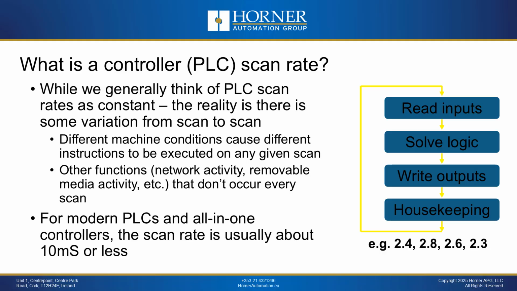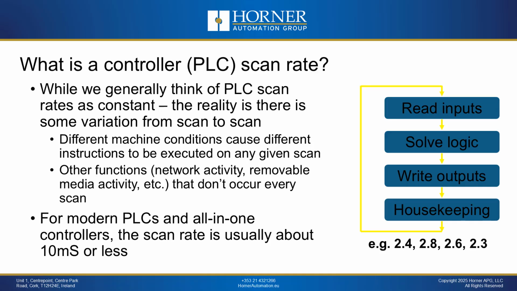Generally, we think of PLC scan rates or controller scan rates as being constant. In other words, it always takes the same amount of time to go through the program. But that is not entirely true, and there are a variety of reasons why the scan rate varies slightly from scan to scan. Different machine conditions can occur so that different proportions of the logic or different instructions are being executed on a particular scan, or in that housekeeping section, which is where things like network connections are taken care of, potentially reading or writing from a memory card.